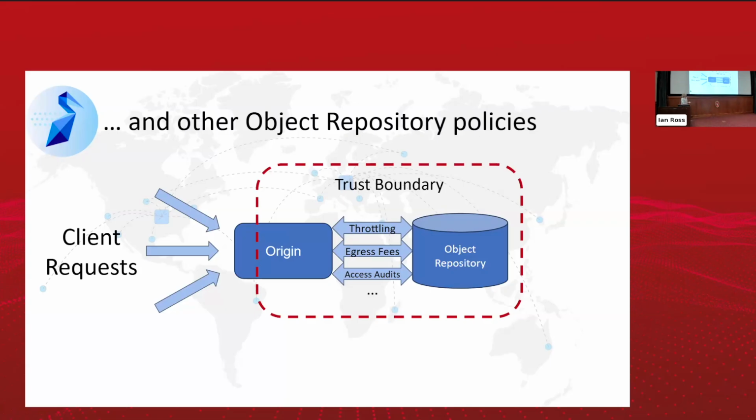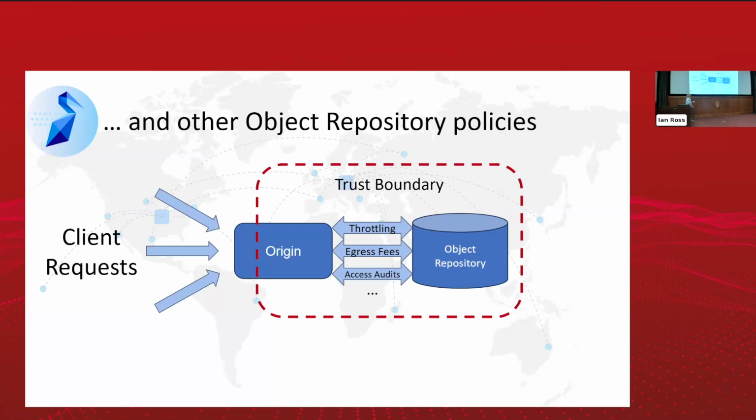So you can imagine, I said that the origin's job is to sacrifice itself to protect the object repository. So that suggests something like throttling. How does the object repository tell the origin what throttling means? Or maybe the object repository is an AWS S3 instance that charges you 10 cents for every byte you move.